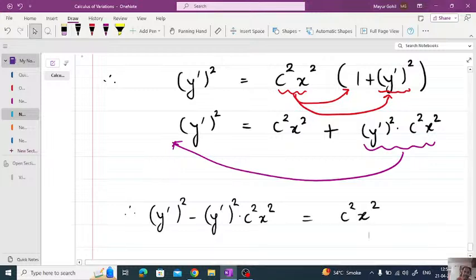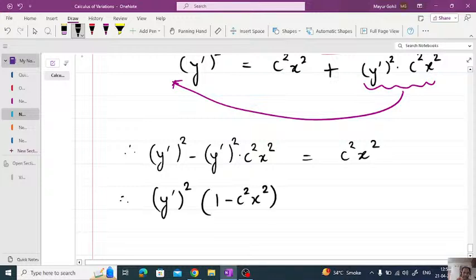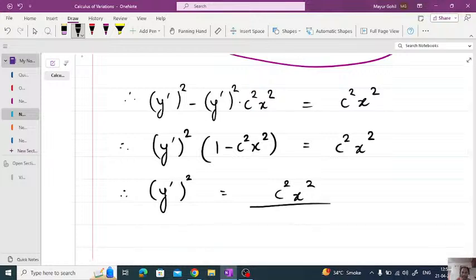Now I will be able to do the algebraic manipulation. It is y dash square times 1 minus c square x square, which equals c square x square. Therefore, y dash square is equal to c square x square divided by 1 minus c square x square.